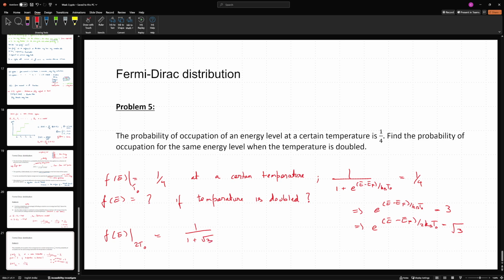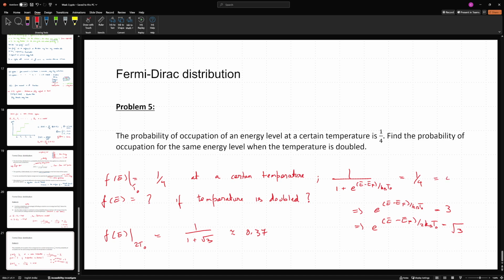And let me quickly just calculate that. So this will come out to be approximately 0.37.